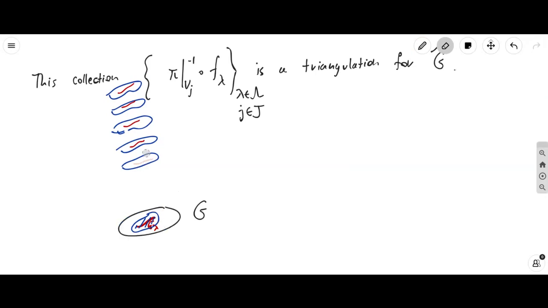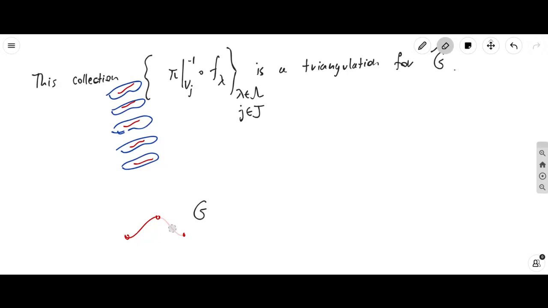And now notice that these edges do not overlap. So if you start with the same edge, they do not overlap. Now, it could happen that you have an edge over here, and then you have an edge over there, and they do overlap. Two edges could overlap.